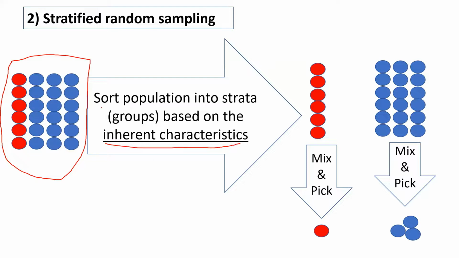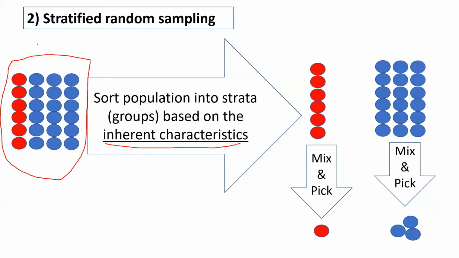So you sort the population into strata, which simply means groups. Stratum is one, strata is many. So based on the inherent characteristics of members of the population, members have certain characteristics that can be used to put them into groups.